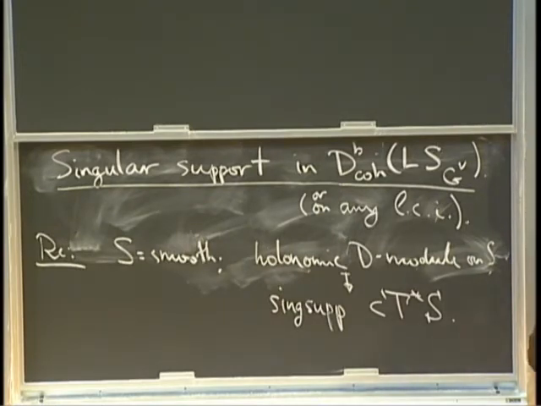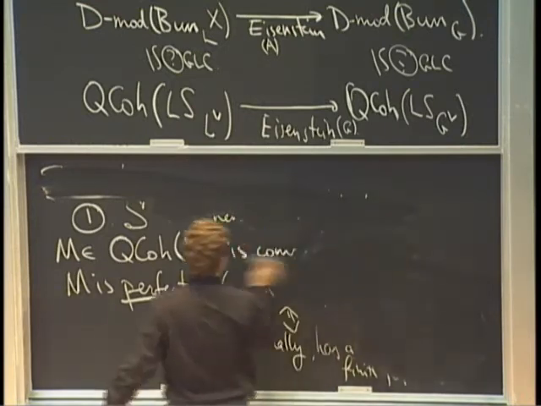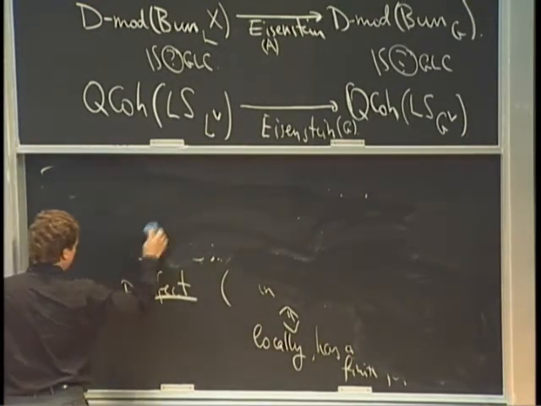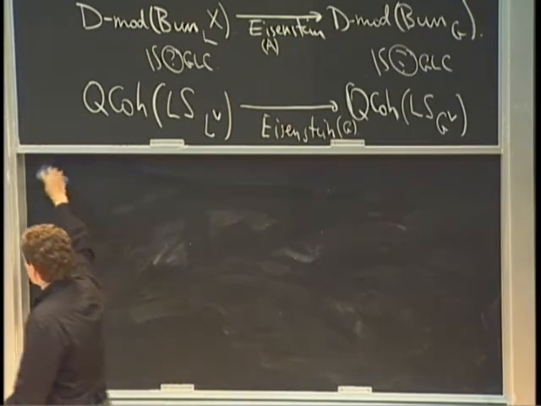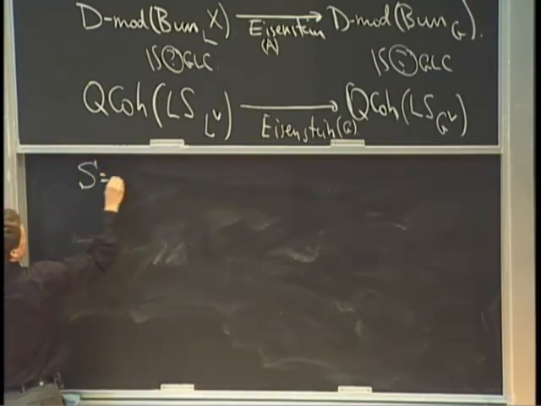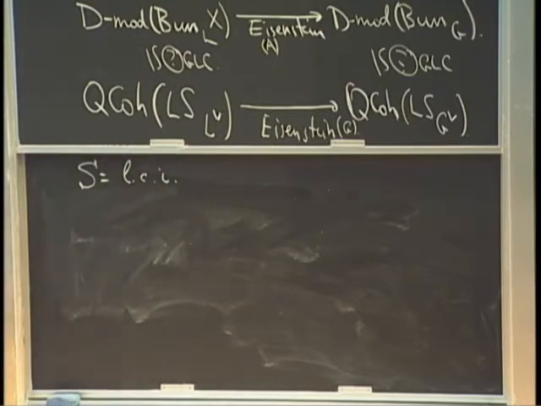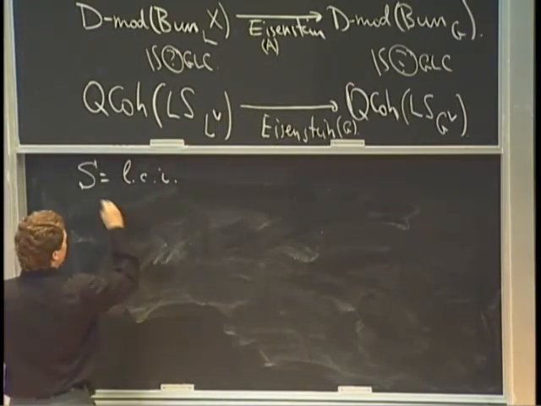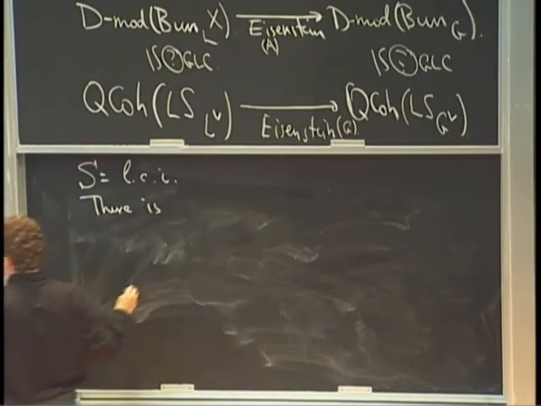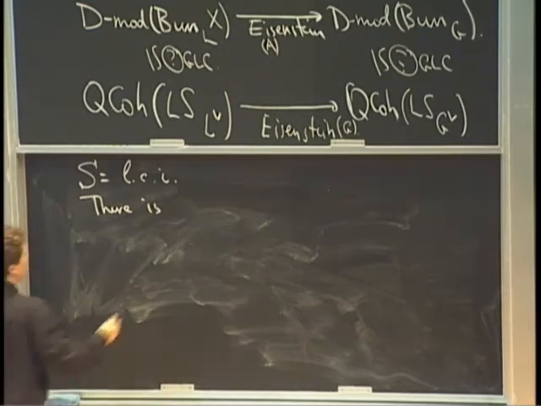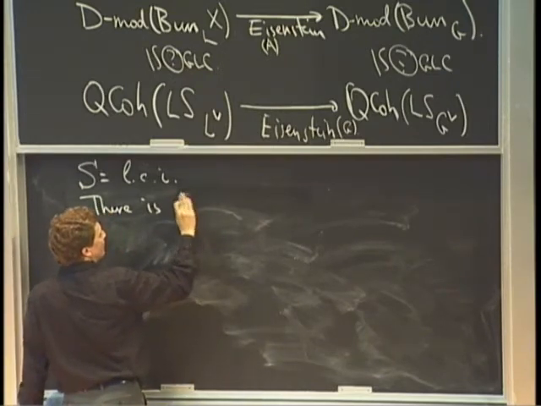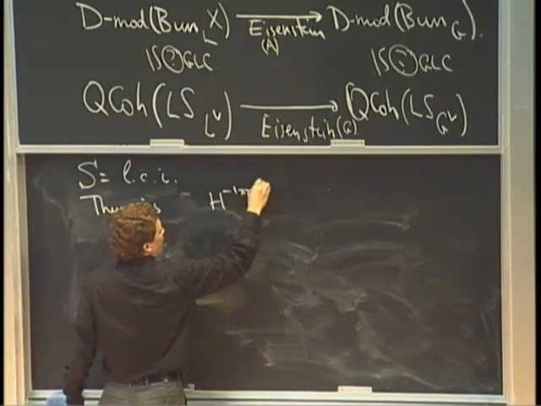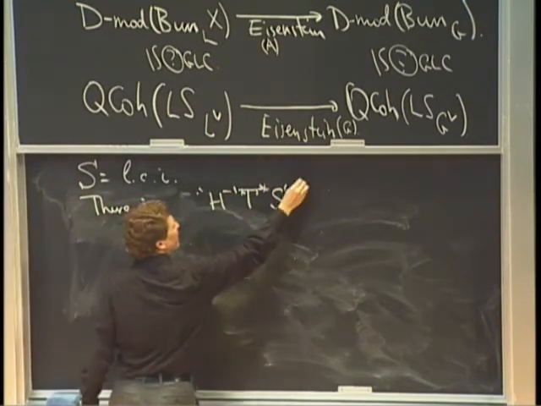So just purely formally, suppose now S is a local complete intersection, then first there is the derived cotangent space to S. Let me just denote it by this.